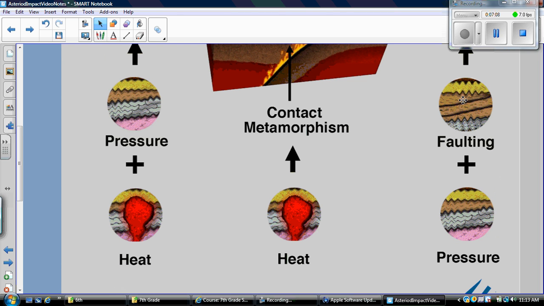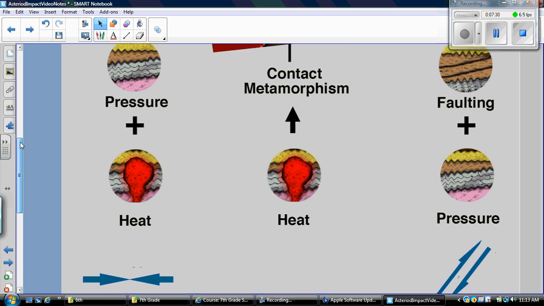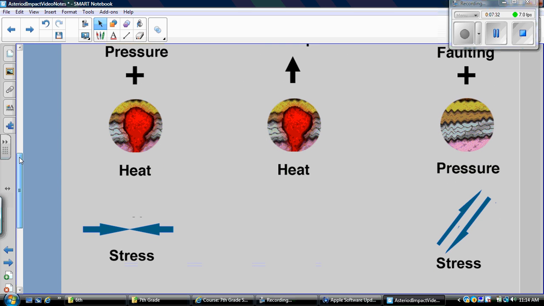That means that the minerals that made up the igneous or sedimentary rock get smushed, and they don't form perfect layers like usually in sedimentary rocks, but they get bent and you see waves, and we call that foliation. So a lot of times your metamorphic rocks have waves in them, and you can see those actual crystal and mineral waves due to the stress that they've been put under.